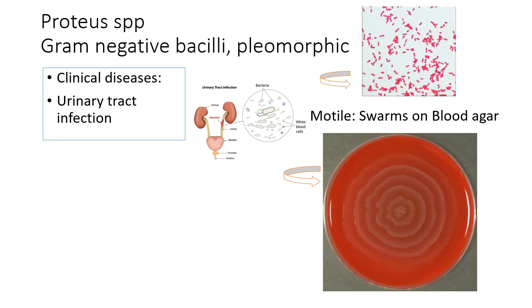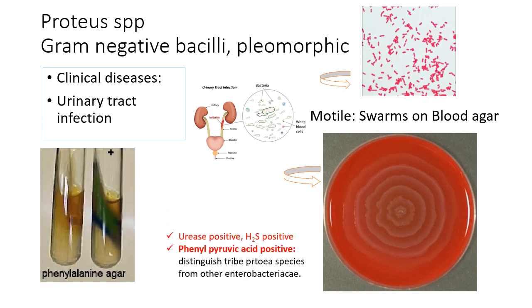So far we have learned E. coli, Klebsiella, and Proteus as three main causes of urinary tract infections. A very important characteristic of Proteus is seen through biochemical tests. It's a urease positive bacteria, and it's H2S positive as well.